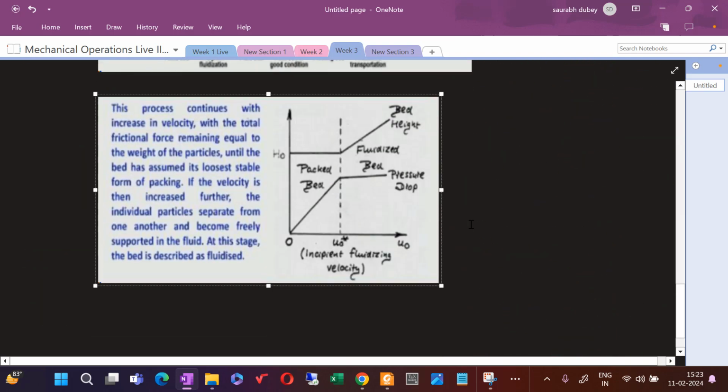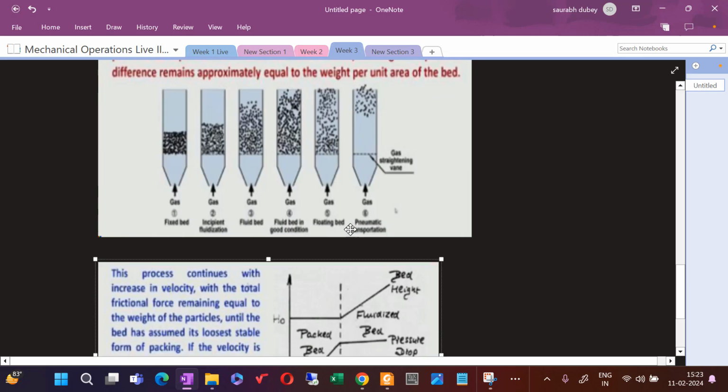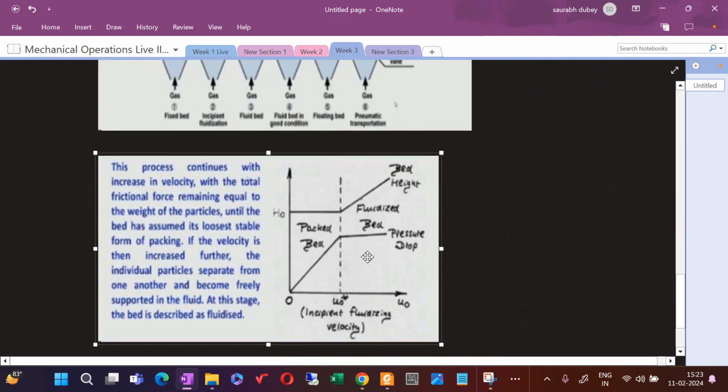You see here it is clear that the bed height and the incipient fluidizing velocity are there, the velocity of the gas and the height. Using this correlation, you will be able to see that when the pressure drop is constant, the bed height is increasing.